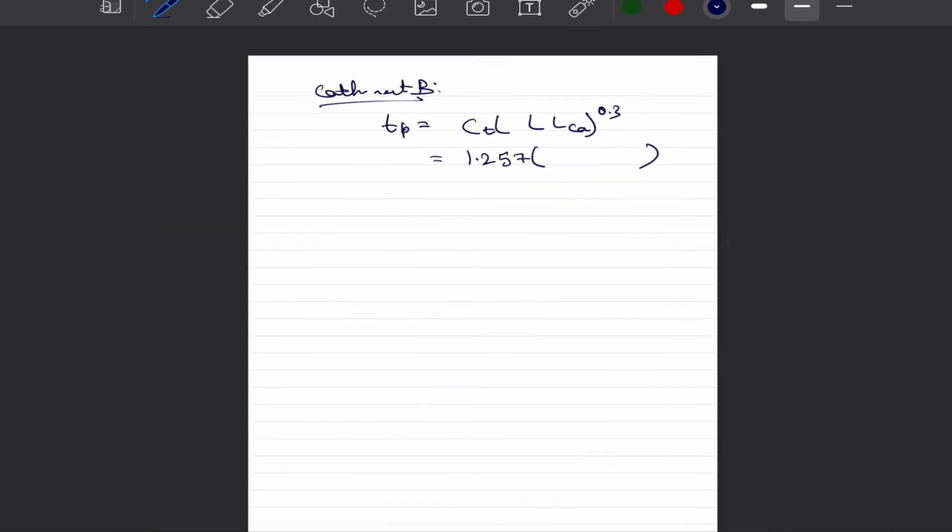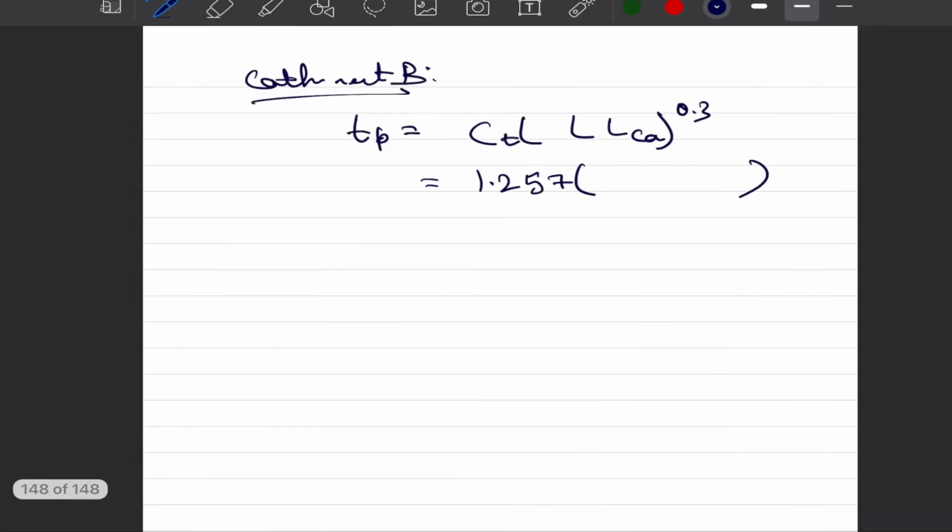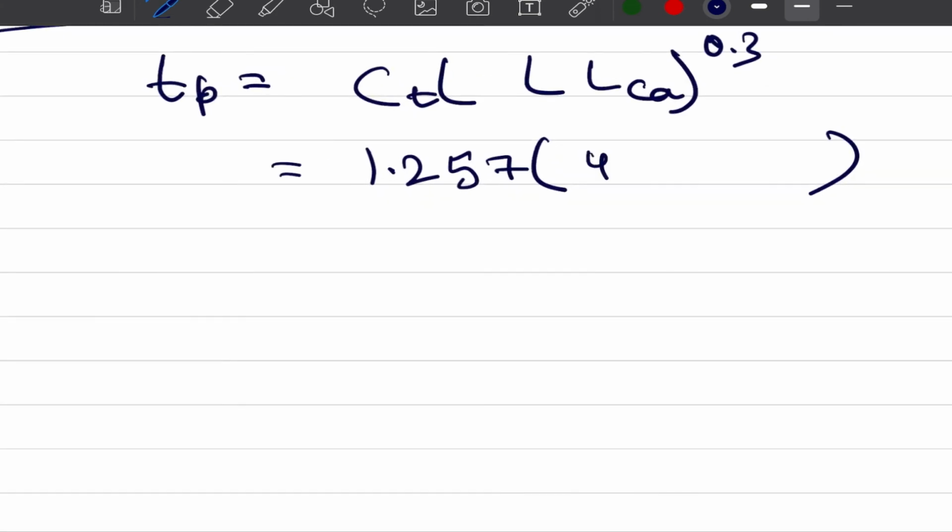Length of catchment B is known to us as 45, and distance of centroid from mouth of river is known as 45. So this will become 45 into 25 raised to power 0.3, which comes out to be 10.34 hours.